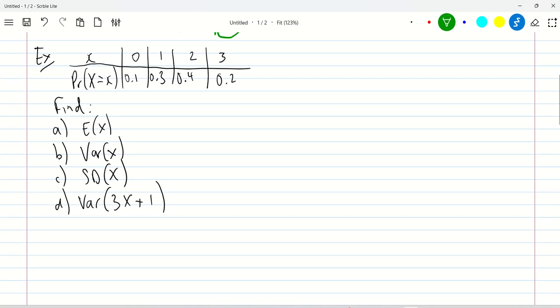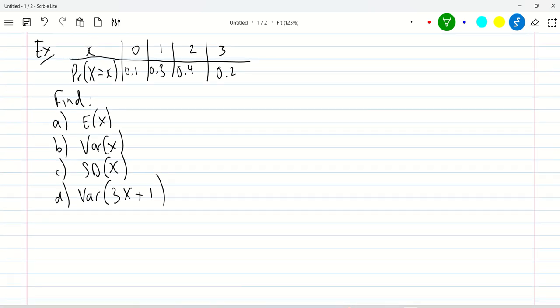So let's say we've got this discrete random variable here. The possible values for x are 0, 1, 2, and 3, and you see the probabilities of each of those things occurring are there. So let's go and find the expected value. I might do it below because I think I'll start over here. Okay, so the expected value of x is equal to, if you remember, for expected value of x we multiply all these things by all these things and then add them all up.